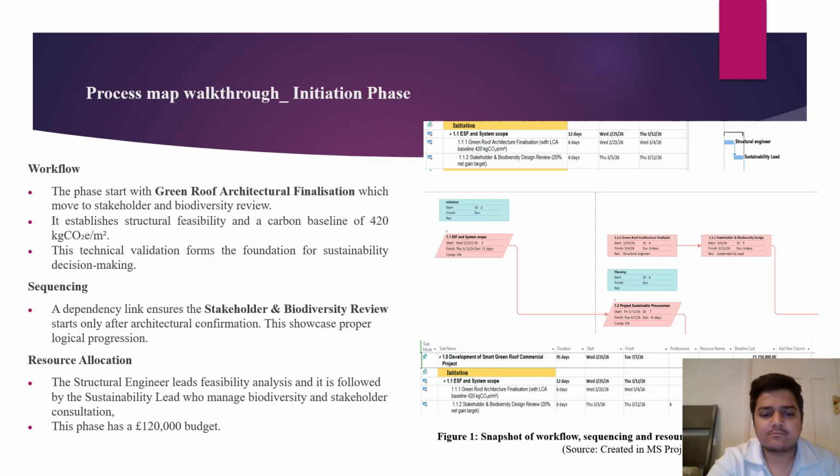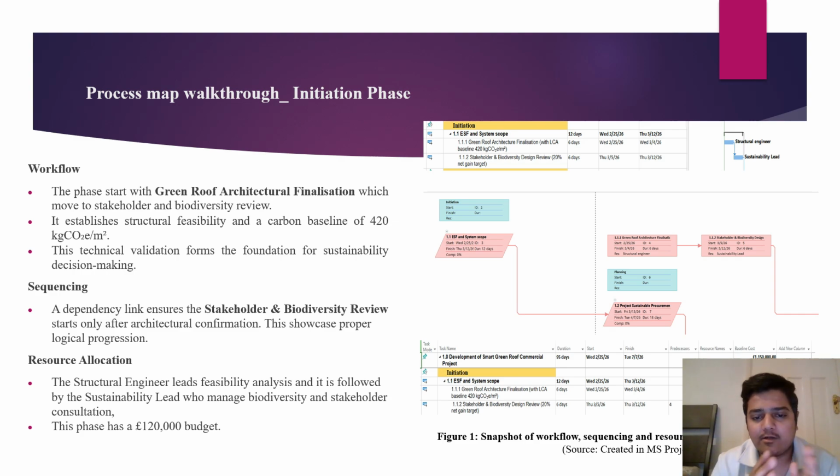Process map workflow interface. If we look at the first section of the Gantt chart, the initiation phase runs for 12 days. It starts with the project charter, led by the structural engineer.